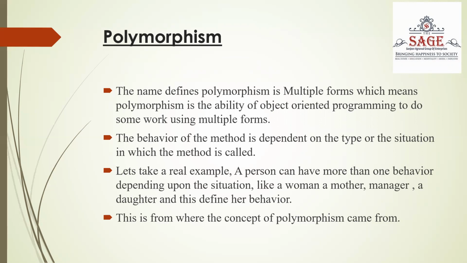Like a woman has different behavior according to different situations. Sometimes she behaves like a mother. In her office, if she is a manager, then at that time she behaves like a manager, or a daughter, and this defines her behavior. So this is where the concept of polymorphism came from.